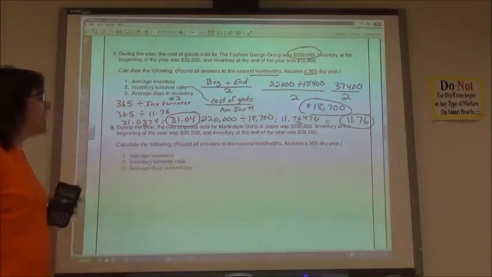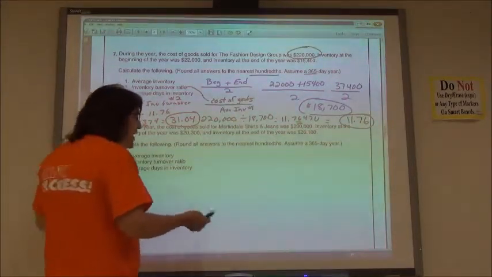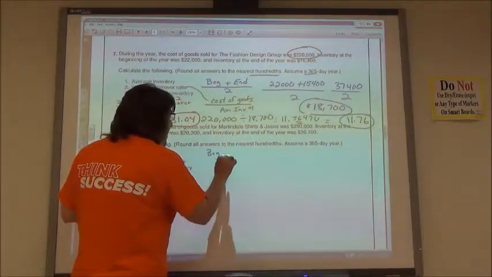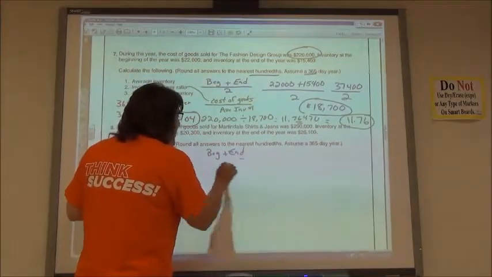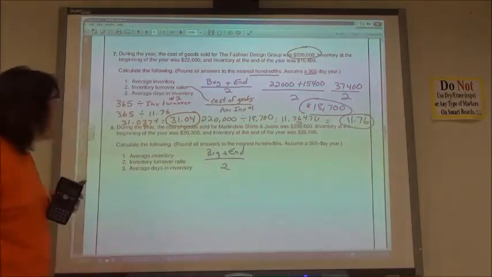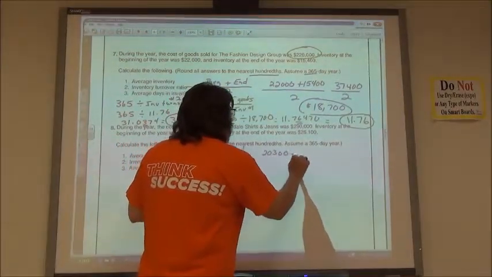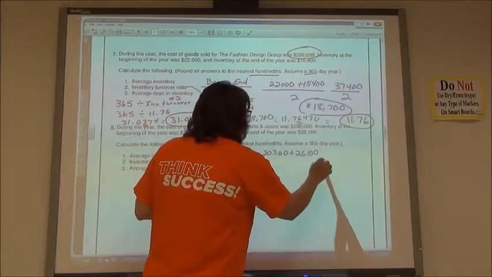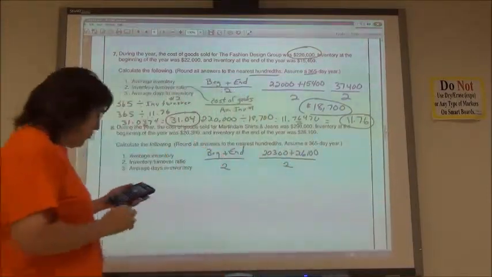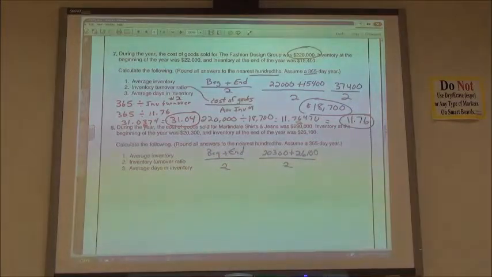First of all, calculating the average inventory. To find the average, we're going to take the beginning plus the ending and divide it by 2. So 20,300 plus 26,100 and divide that by 2. But first you have to add the top together. If you try to punch it all in at once, it's not going to work right.